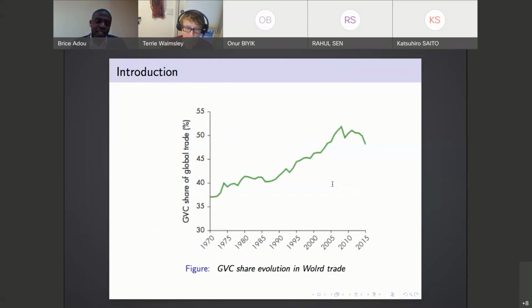We can see that there is no pointer. Yes, I can, I think. From here, we were down at 40%, but since 2000, we saw a constant growth. And even if it reduced somewhat here, we are still at 45-50% of global trade statistics.